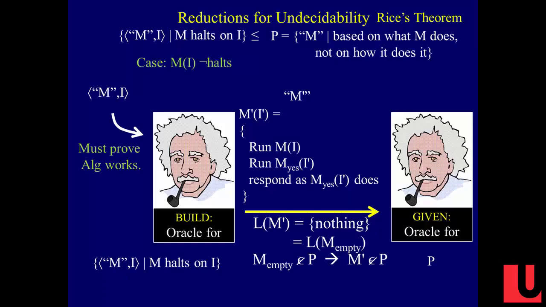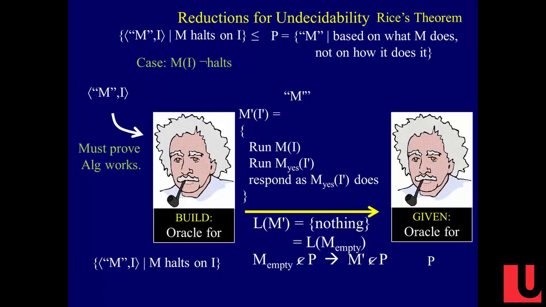You give it an M prime, and it'll tell you M prime is in P or it's not in P. But it will try on all inputs, right? We don't want to micromanage our oracles. You know, you go up to God and you say, God, how do you know your answers? She's going to be pissed. So we don't want to micromanage her. That's why we call it an oracle.